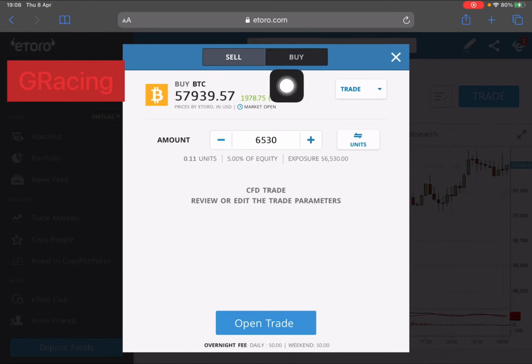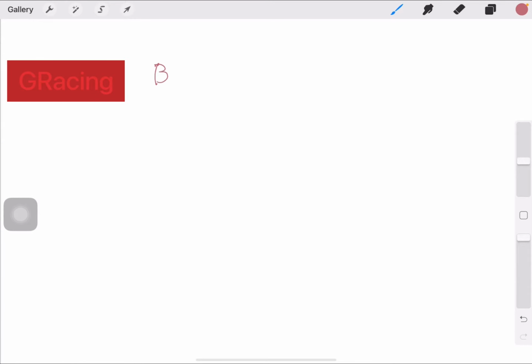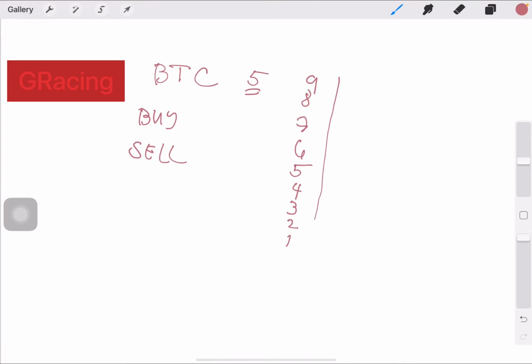Sell, buy. What is sell, buy? Say the value of BTC is at 5 USD. How do you buy, how do you sell? This is your current value, 5, 4, 3, 2, 1, 6, 7, 8, 9. Let's imagine this is the chart of Bitcoin. This is the current price.